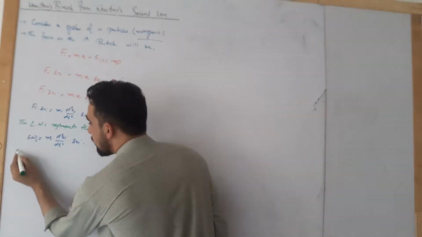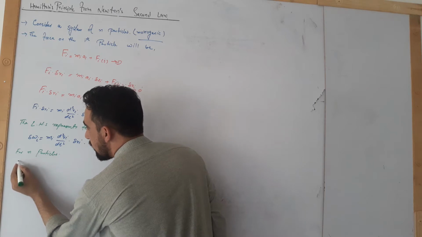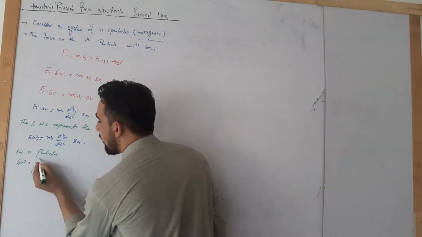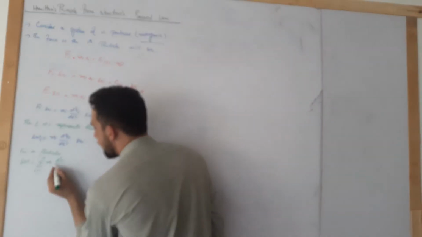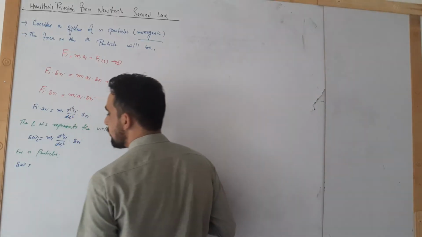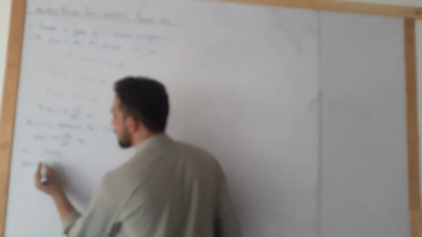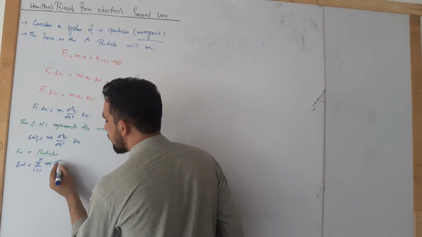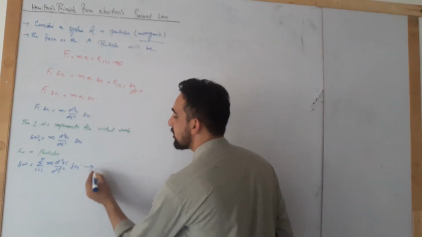For n particles, the virtual work will become equal to summation i is equal to 1 up to n Mi d square Ri over dt square dot del Ri. This is our equation number 2.